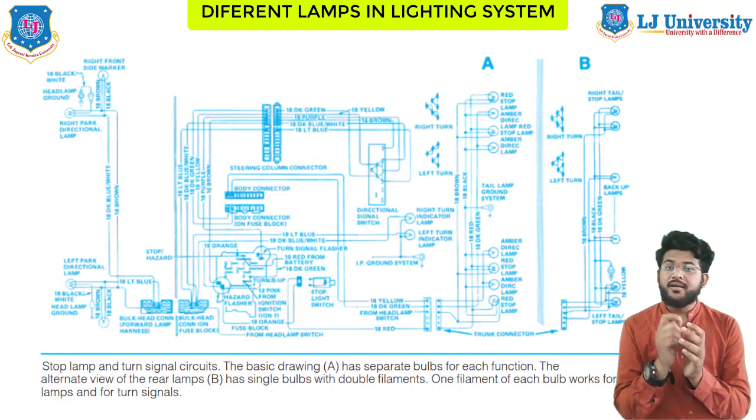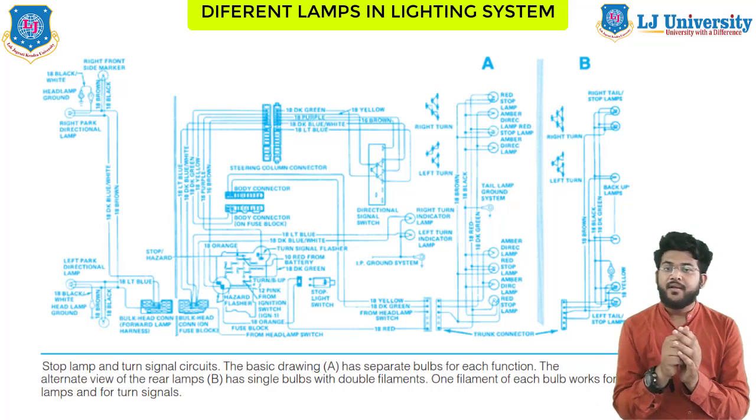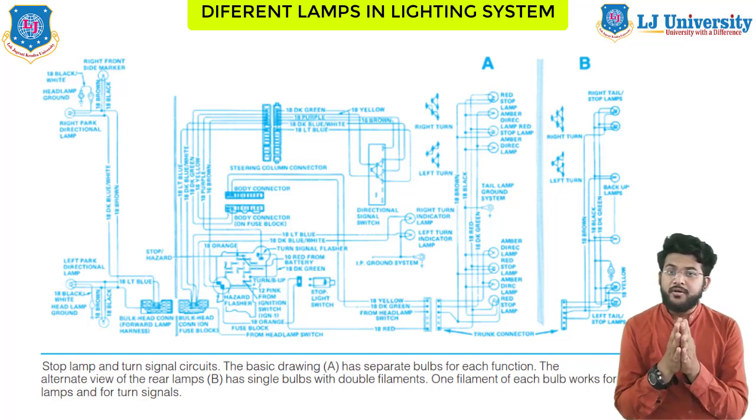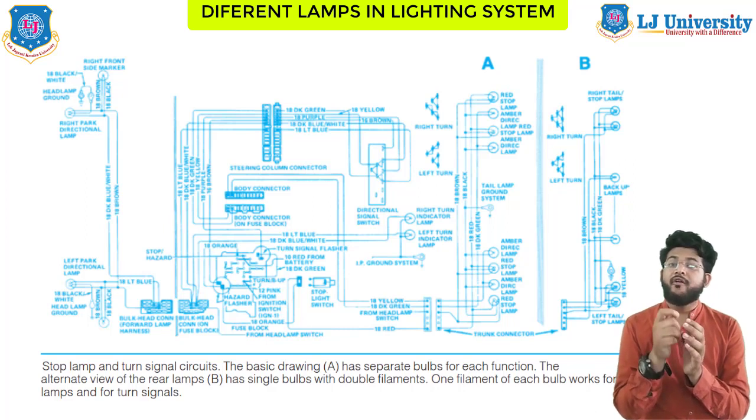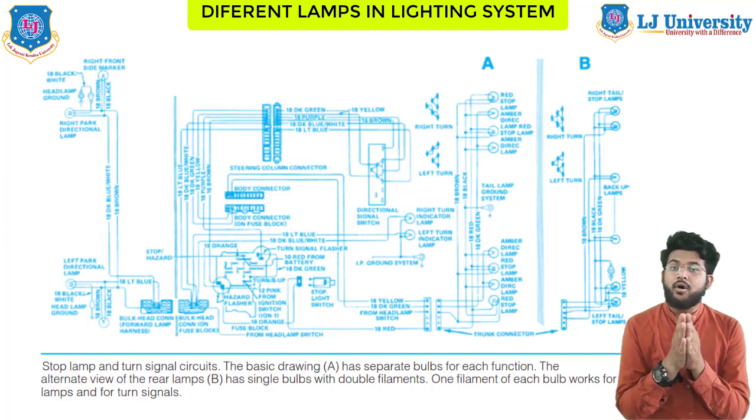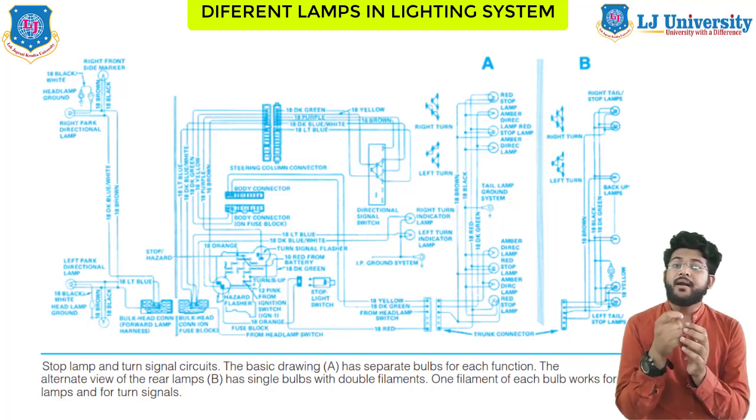When the turn signal switch is moved in either direction, the corresponding turn signal lamp receives current from the flasher unit and starts lighting. The flasher unit causes the current to start and stop very rapidly, as we have seen, so the turn signal lamps flash on and off with the interrupted current.